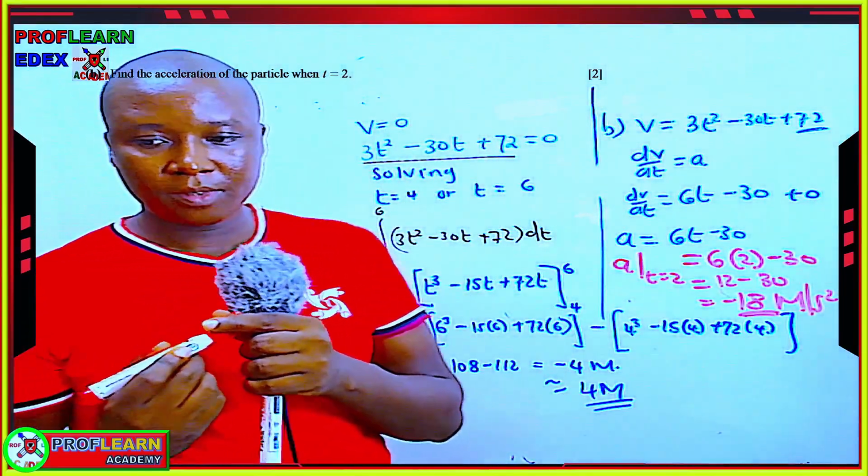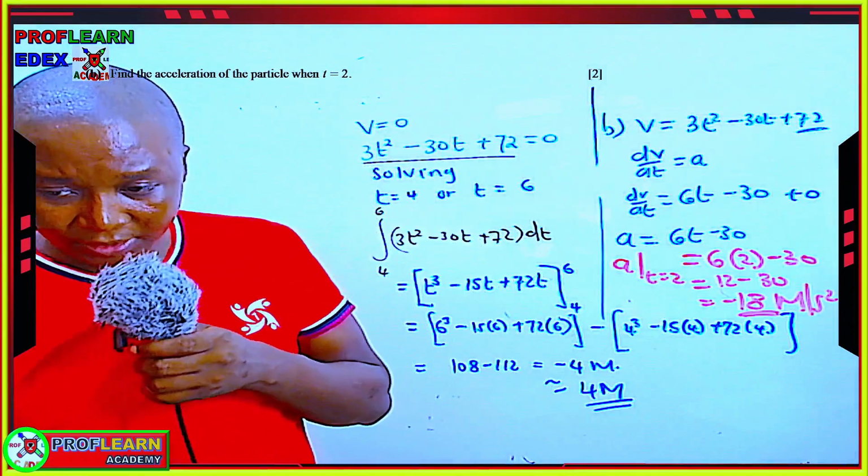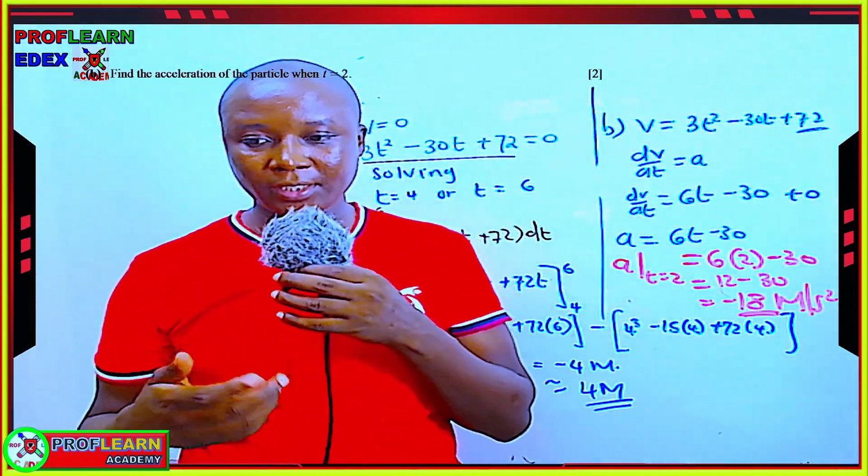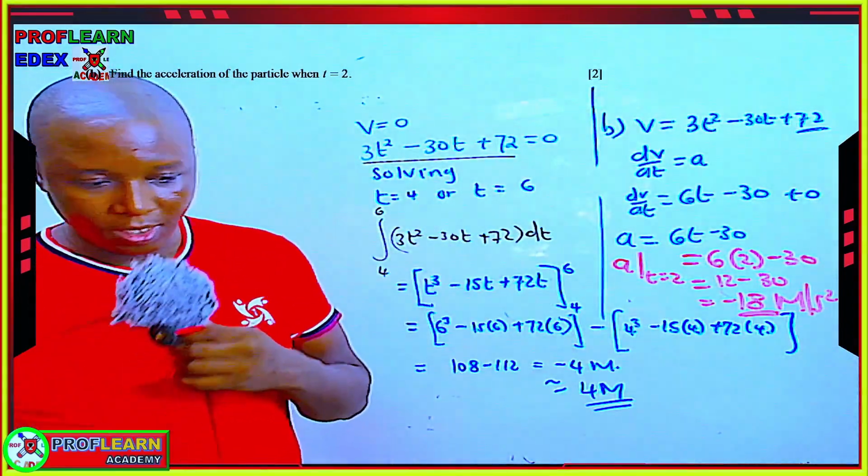So acceleration is negative, meaning the object was decelerating. That's why we have a negative value at that point.